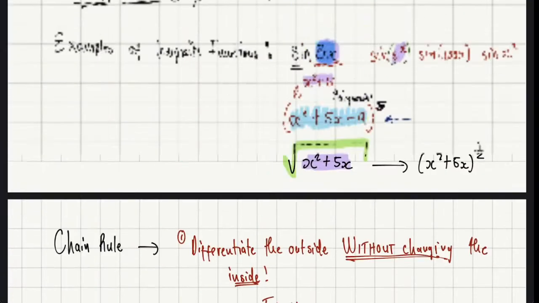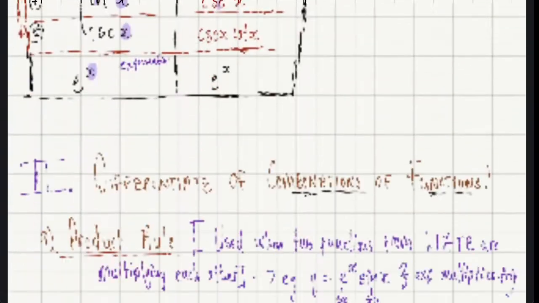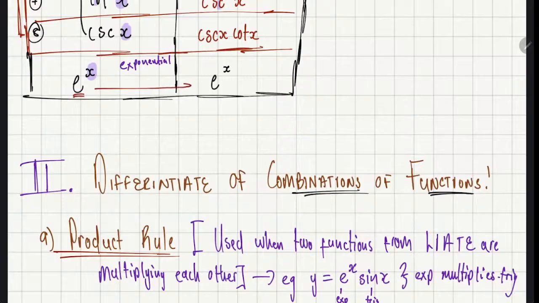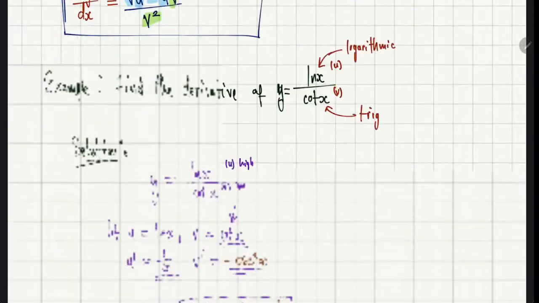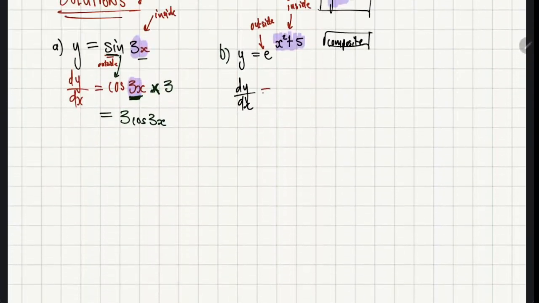The table told you that when you differentiate e to the something, e to the x, it comes back as it is. Nothing changes. So when we differentiate this e to the x squared plus 5, the derivative of e comes back, and you can't write it as e to the x. No, because the inside should come as it is. So the inside will come. It will be e to the x squared plus 5.